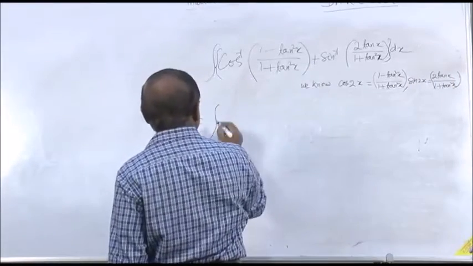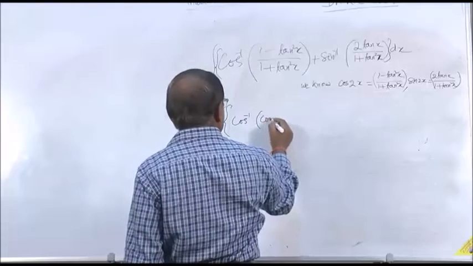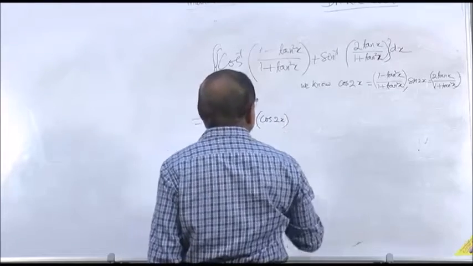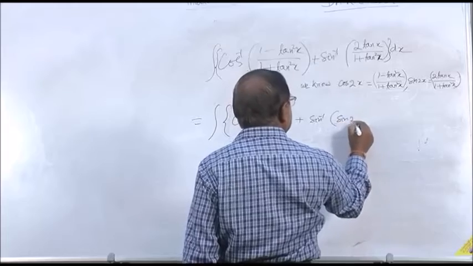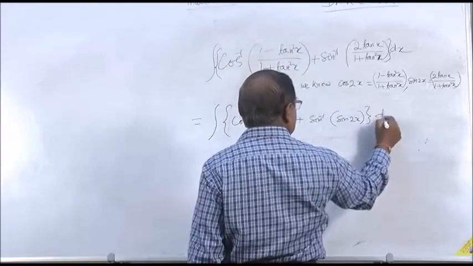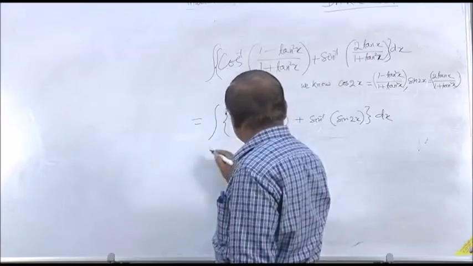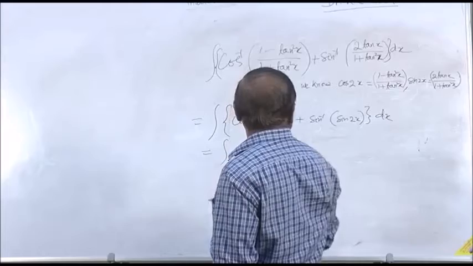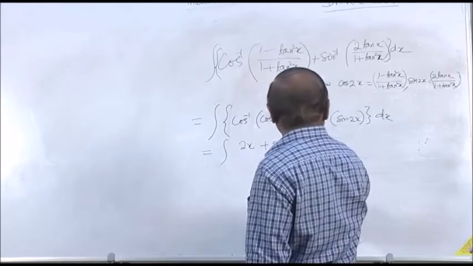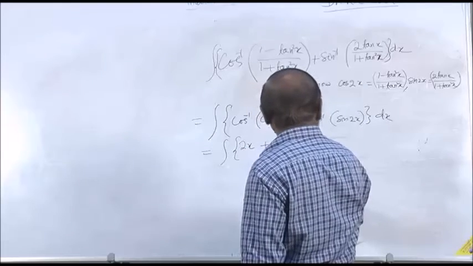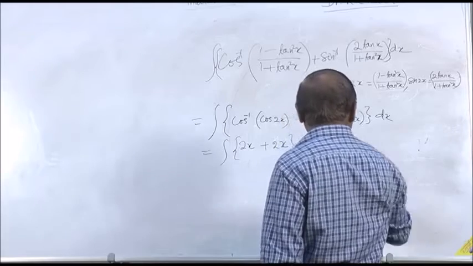So this becomes cos inverse cos 2x plus sin inverse sin 2x, whole into dx. You see, this cos inverse cos becomes simply 2x, and this is also 2x. So this will be 4x dx.